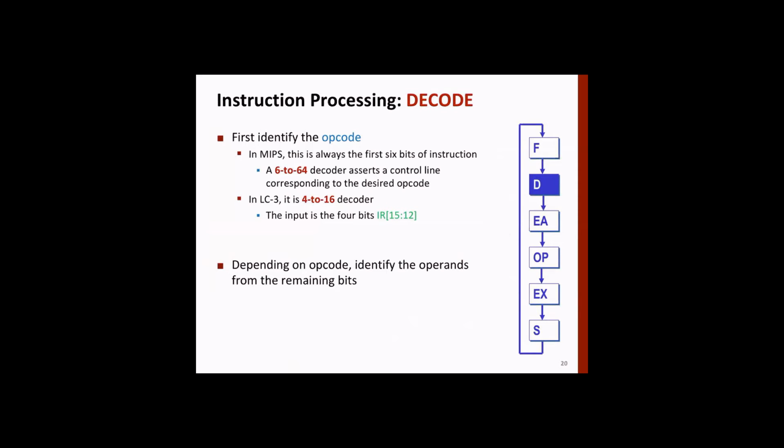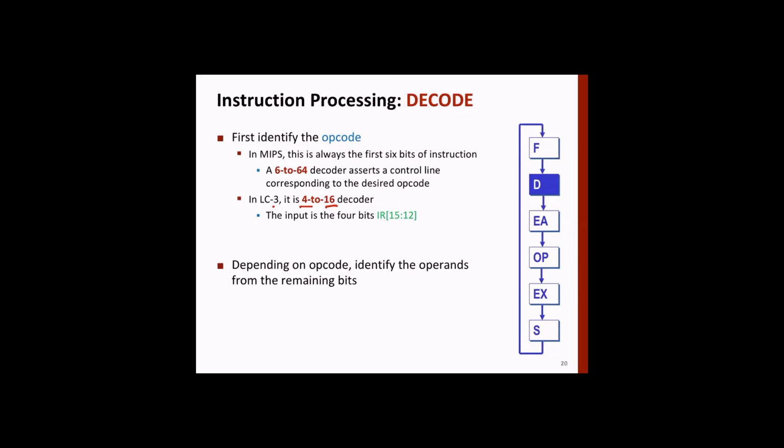To decode it, we look at the few bits right at the beginning, which correspond to the opcode. In LC3, we have only 4 bits corresponding to the instruction opcode. It tells what this instruction is supposed to do. The output of this decoder is 16 lines, which will generate various combinations of control signals.